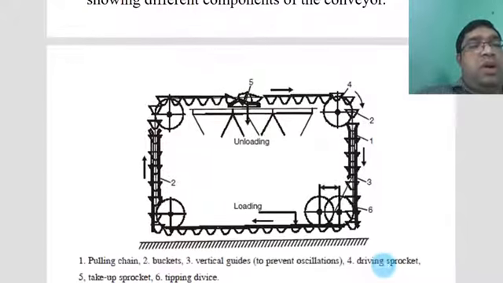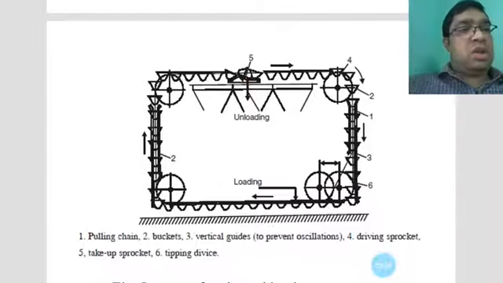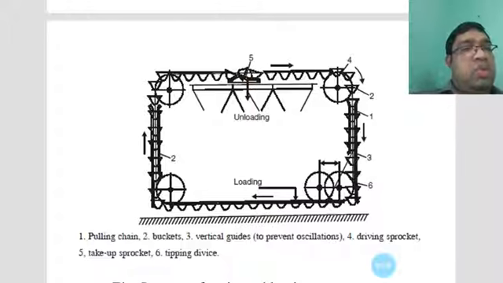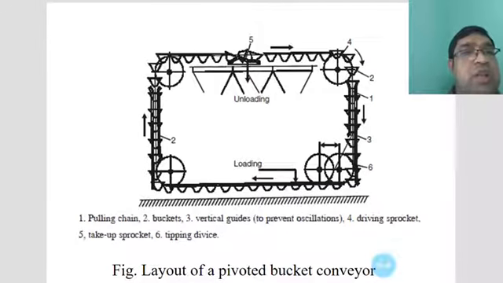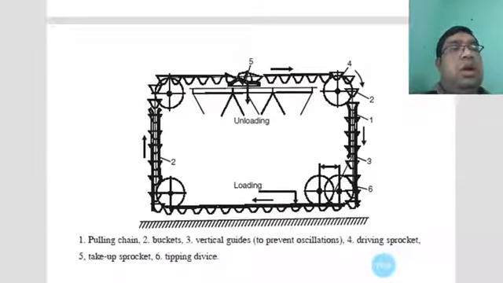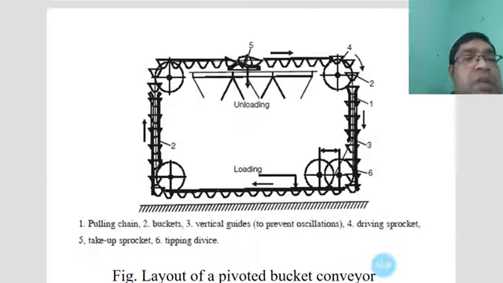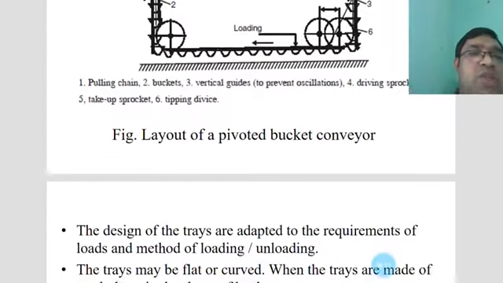You can see in this figure: 1 is the pulling chain, 2 is the equally spaced buckets, and 3 is the vertical guides to prevent oscillations. 4 is the driving sprockets, 5 is the take-up sprocket, and 6 is the tipping device. The layout of the pivoted bucket conveyor is seen in this figure.